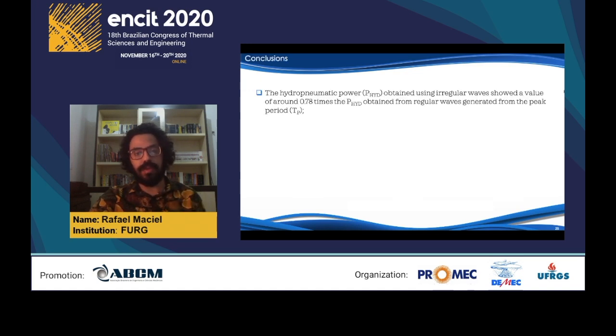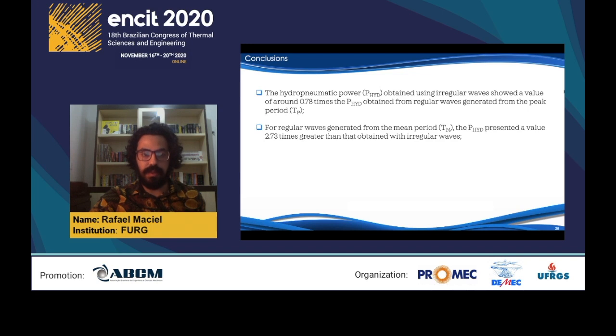So, from this work, we can conclude that the hydropneumatic power obtained using regular waves generated from the peak period showed a value of around 0.78 times the hydropneumatic power obtained from irregular waves. For regular waves generated from the mean period, the hydropneumatic power presented a value 2.73 times greater than obtained with irregular waves.